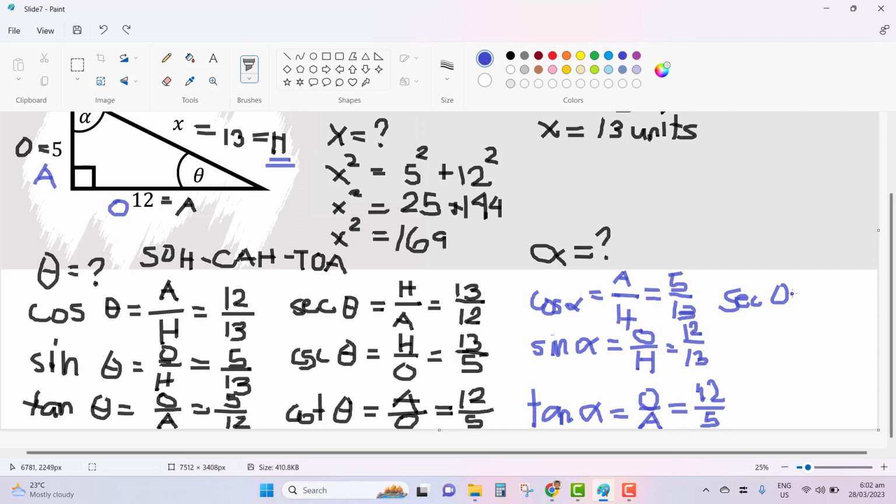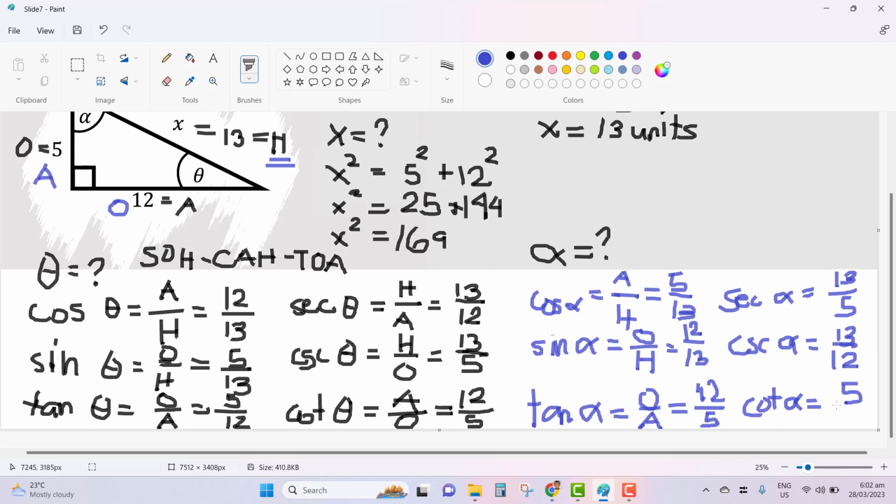Secant alpha is just the reciprocal of your cosine alpha. So automatically, you can write this one 13 over 5. Cosecant alpha is the reciprocal of sine alpha. So that's 13 over 12. And your cotangent alpha is the reciprocal of tangent alpha.